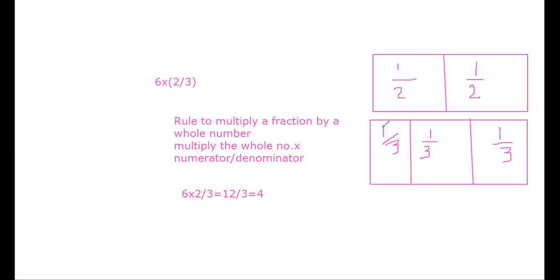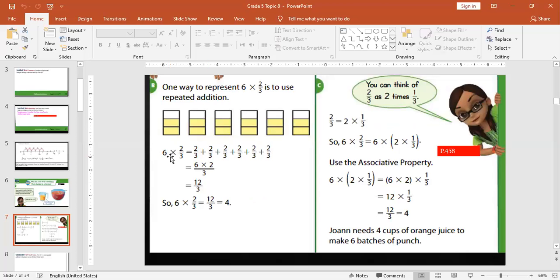If I want to know 2/3, so I will add the 2/3. Third plus third equals thirds. Let's complete. So here, the first way is that I can add the 2/3 6 times, it is the same as multiplying 6 multiply 2 divided by 3, which is 4. And also here is the associative property.